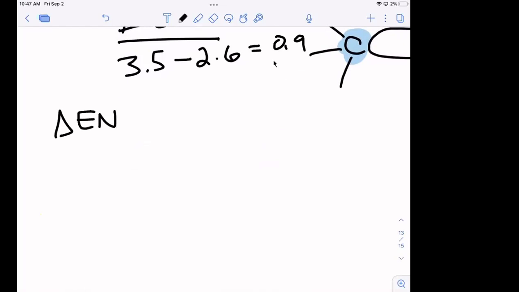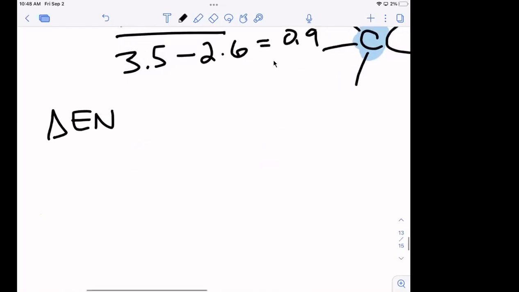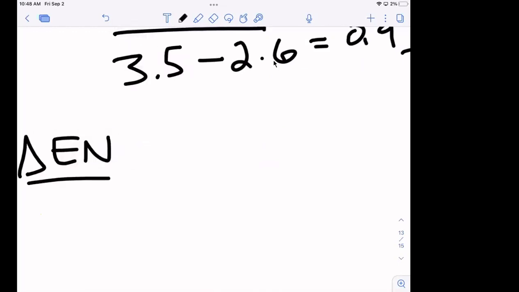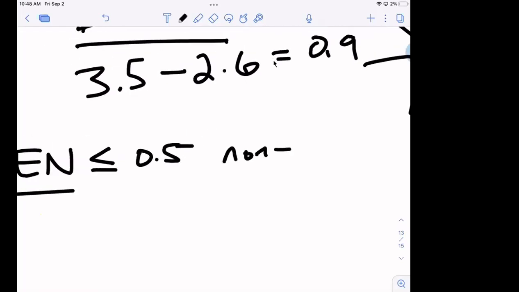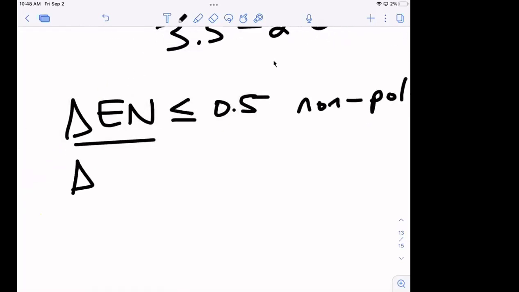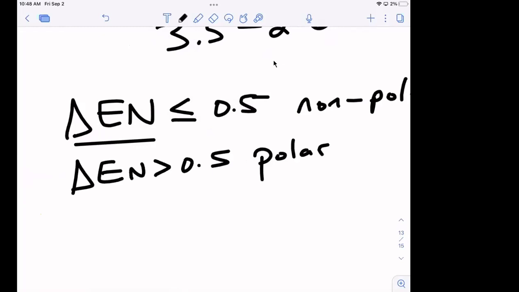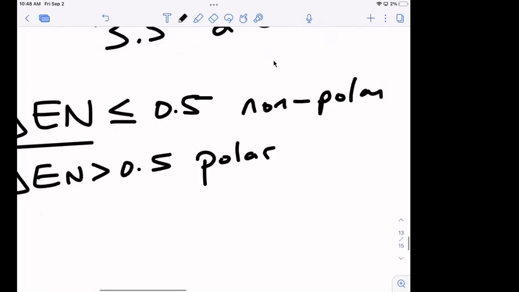If I'm not mistaken, the Klein book is at 0.5, so that's what we're going to use. If the difference in electronegativity is less than or equal to 0.5, then it's non-polar. If the difference in electronegativity is greater than 0.5, then we say it's polar covalent.